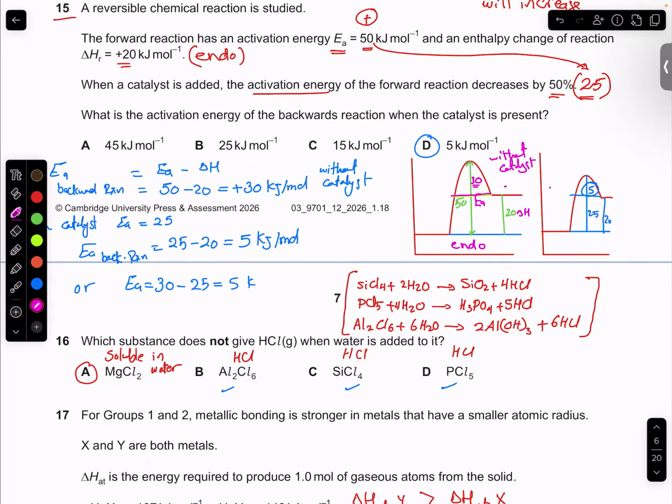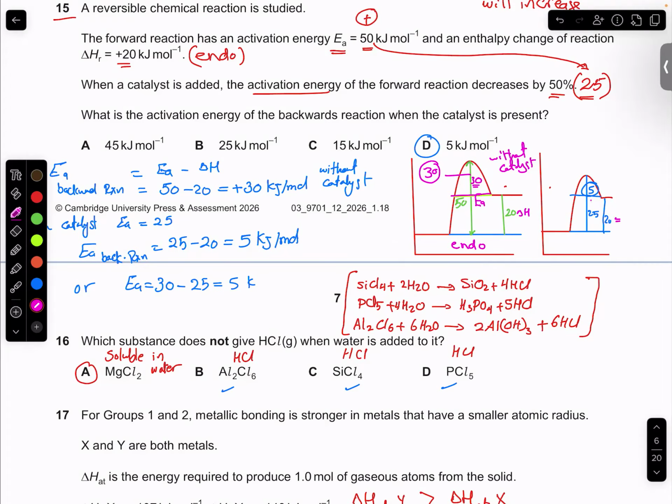So the activation energy of the backward reaction is only 30. This is the activation energy of the backward reaction. But when you add catalyst, delta H will not change, so delta H will stay 20.